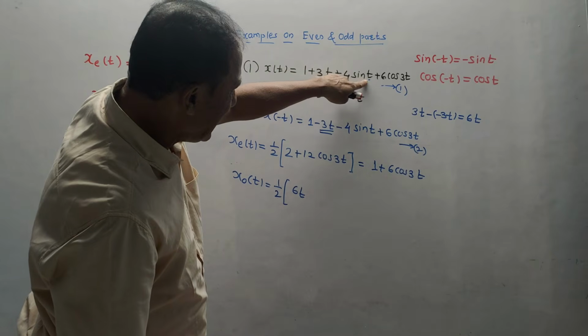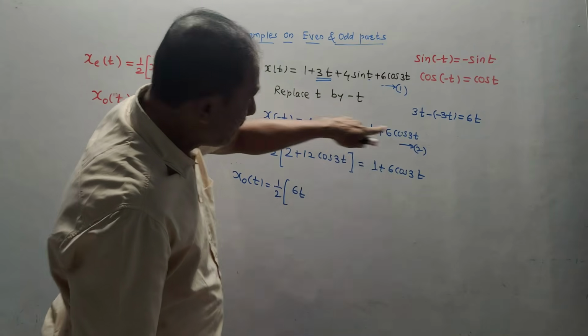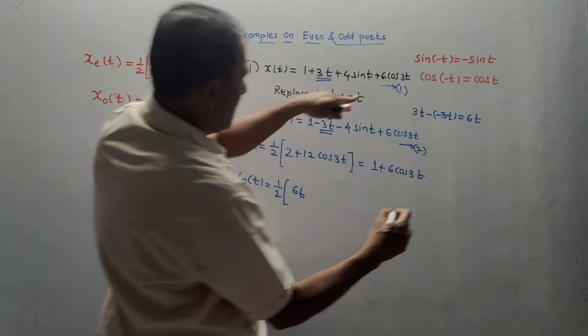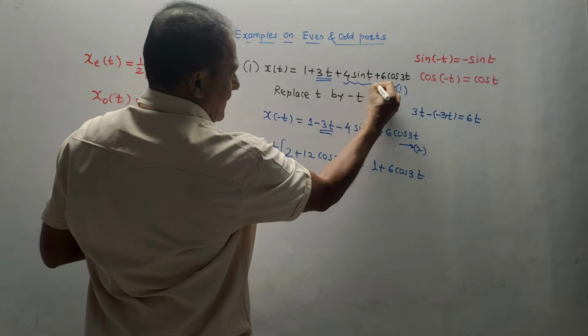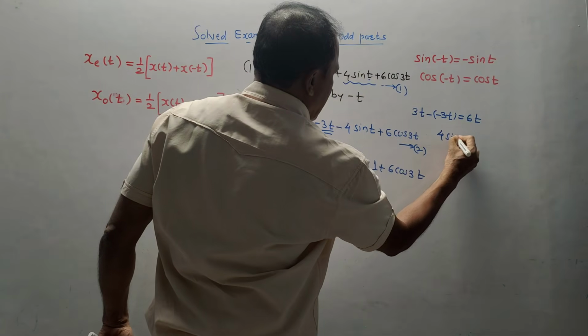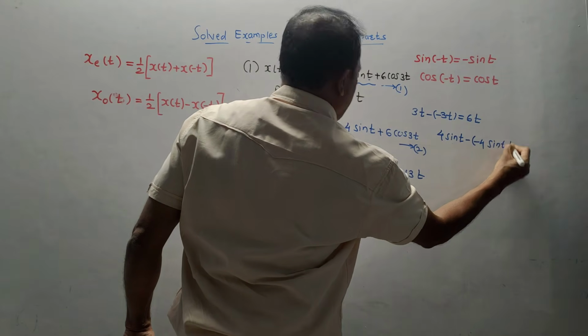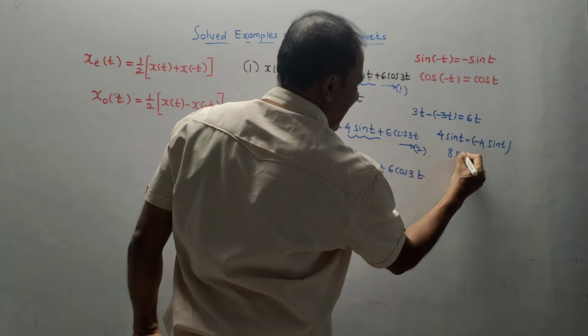Third term, 4 sin t, and in the second it is minus 4 sin t. Again, this is minus, but we are performing subtraction over here: x of t minus x of minus t. So it actually becomes 4 sin t minus of minus 4 sin t. Minus of minus becomes plus, it becomes 8 sin t.